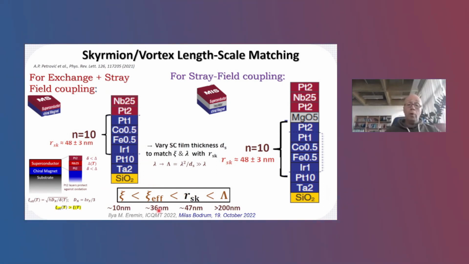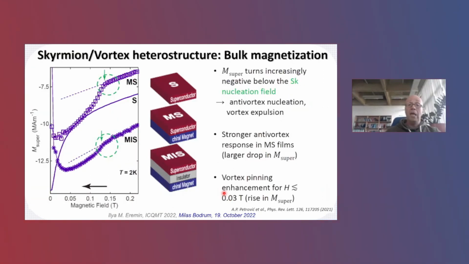And if you now compare the numbers that they measured in all of these substrates, you see that you have exactly the conditions that we have been proposing, where the skyrmionic radius is larger than the corresponding coherence length, the corresponding size of the vortex, and all of them are much smaller than the lambda. Okay. So first, they indeed have been able to successfully show that there is an interaction.